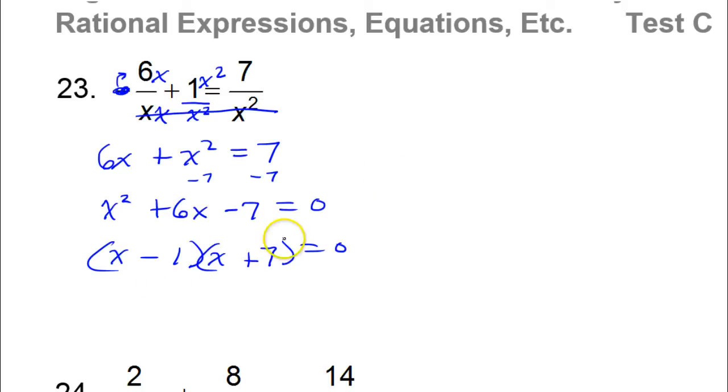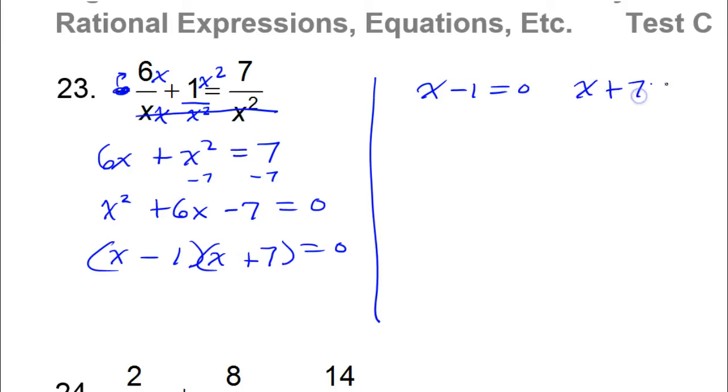For the final answers, I will take these factors and set them equal to 0. So x minus 1 equals 0. X plus 7 equals 0. So x is equal to 1. X is equal to negative 7. Let's take note of the excluded values.